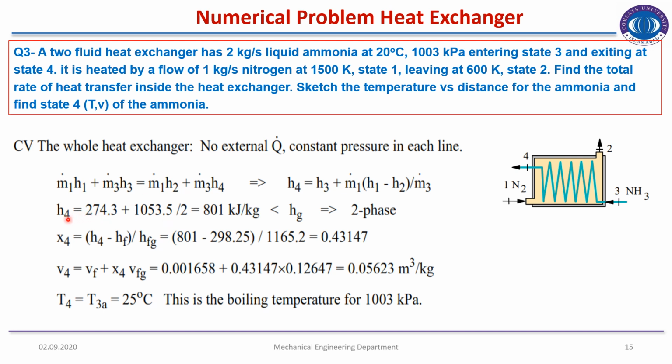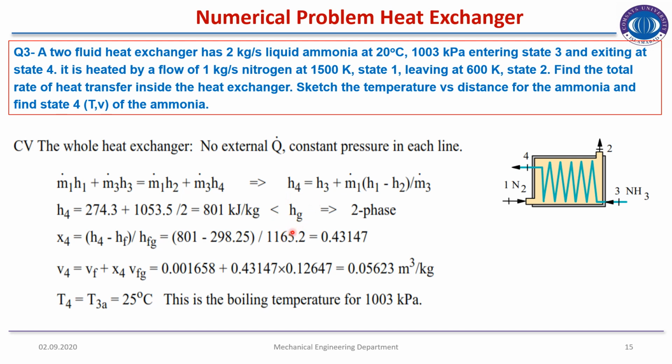So H4 comes out to be 274.3, which is the value of enthalpy at state 3, plus 1053.5, which is the total mass flow rate times the change in the enthalpy from state 1 to 2. So H4 is the enthalpy at state 4. So it is 801.4 kilojoule per kg.